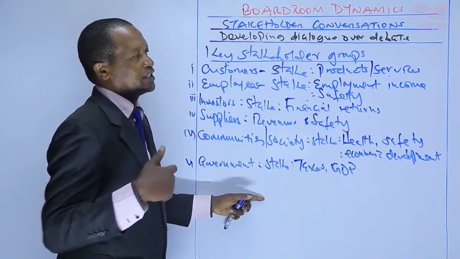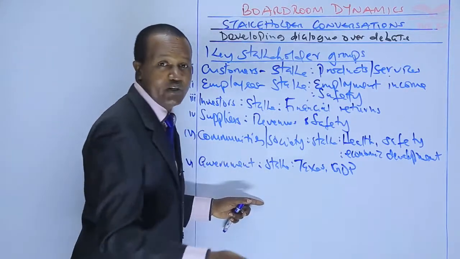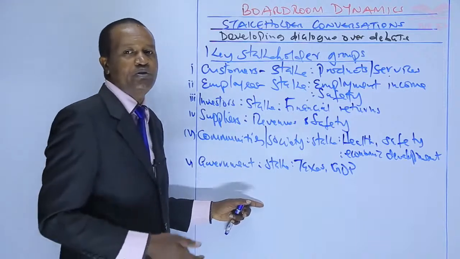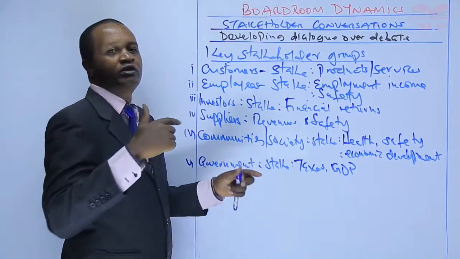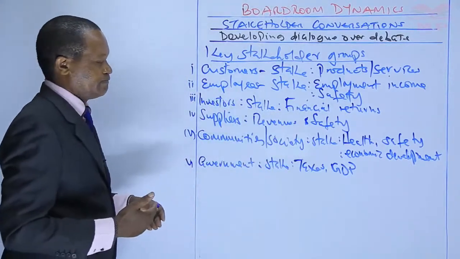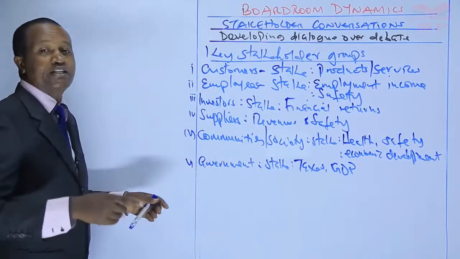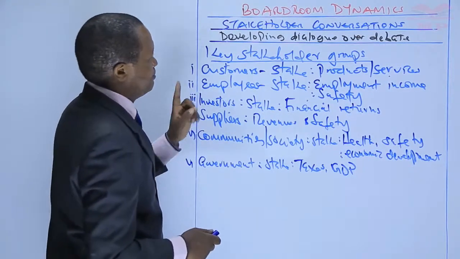The government taxes expenditure of the company, like the value-added tax, and so on. So governments benefit from the overall gross domestic product that companies contribute. So that is the stake that the government may have in a company.